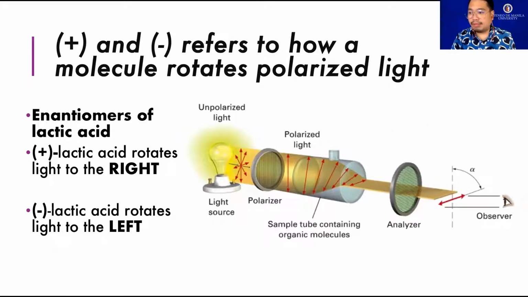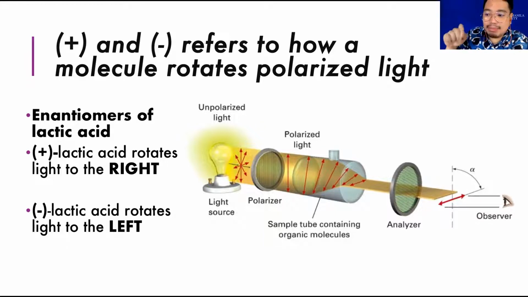Now, the plus and the minus sign in referring to certain enantiomers refers to how they rotate plane polarized light. So we can rotate light. Parang, di ba we can bend light using lenses? Organic molecules can act like lenses and bend light.